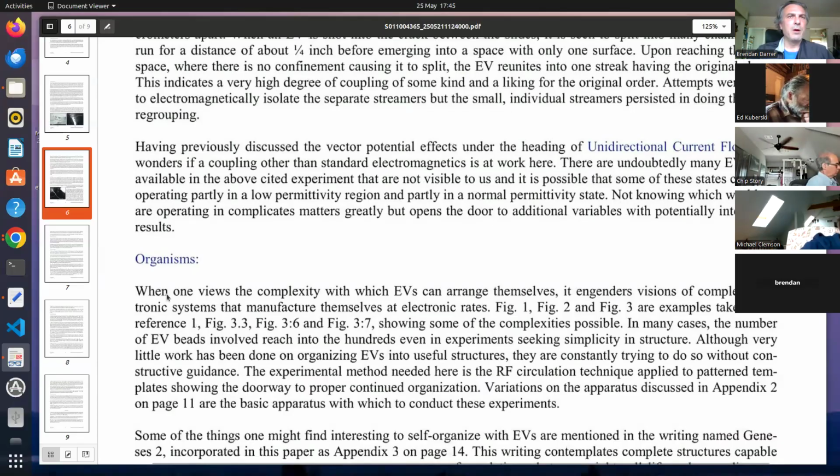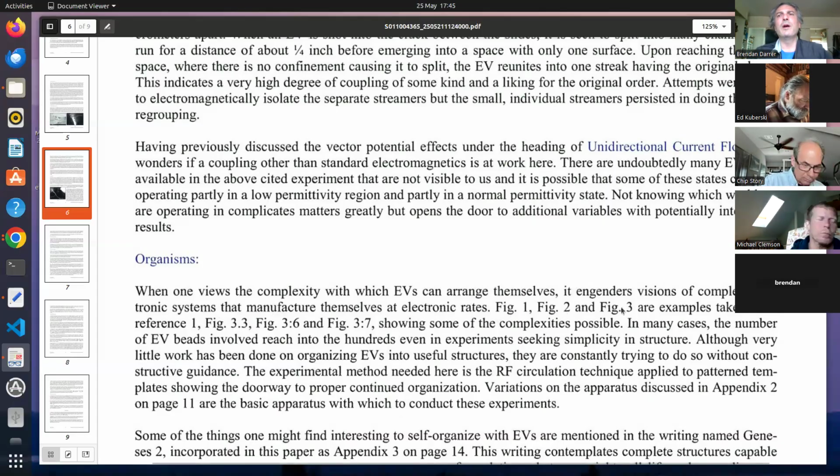Organisms. When one views the complexity with which EVs can arrange themselves, it engenders visions of complex electronic systems that manufacture themselves at electronic states.